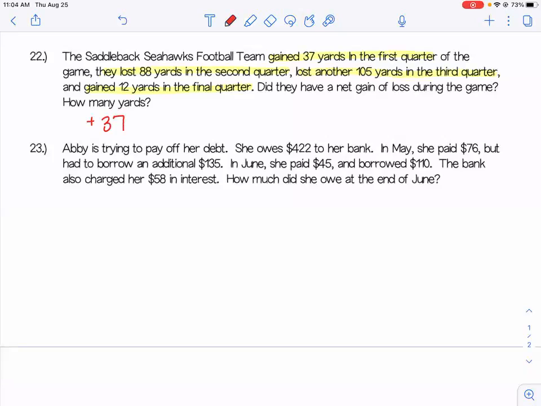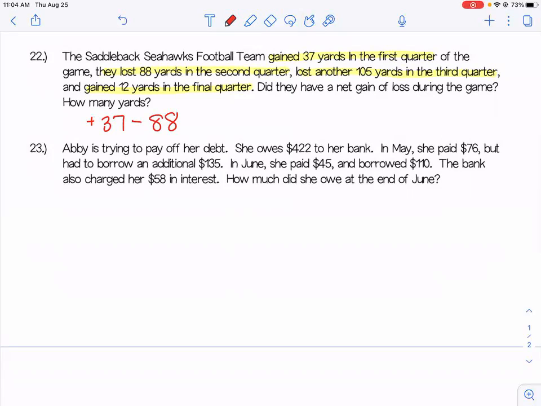Then they lost 88 yards. So what would we need to do, Jada? Am I going to add 88 or am I going to subtract 88? They lost, which means they went backwards. So they lost 88 yards. Okay.